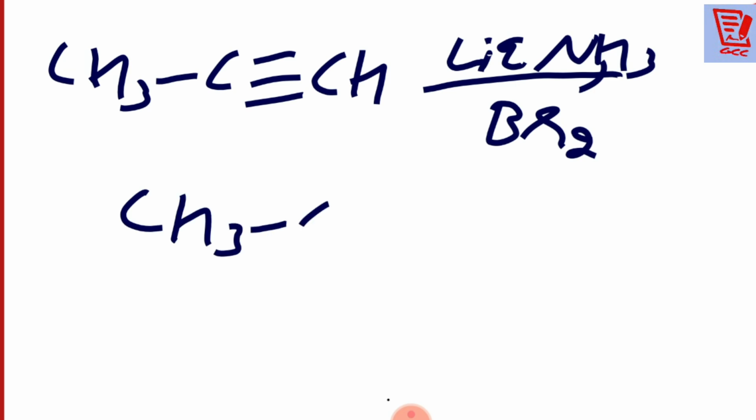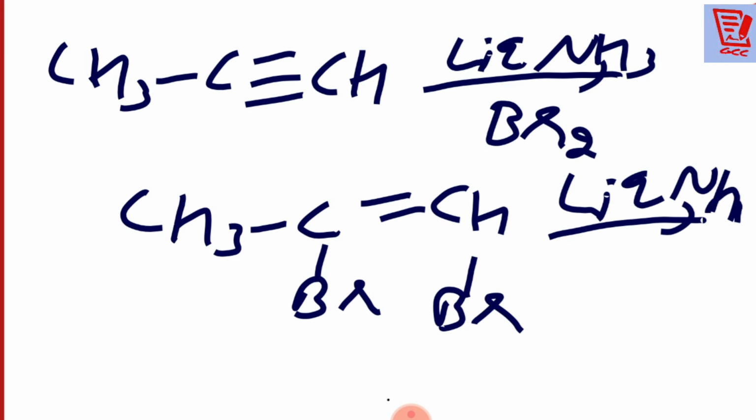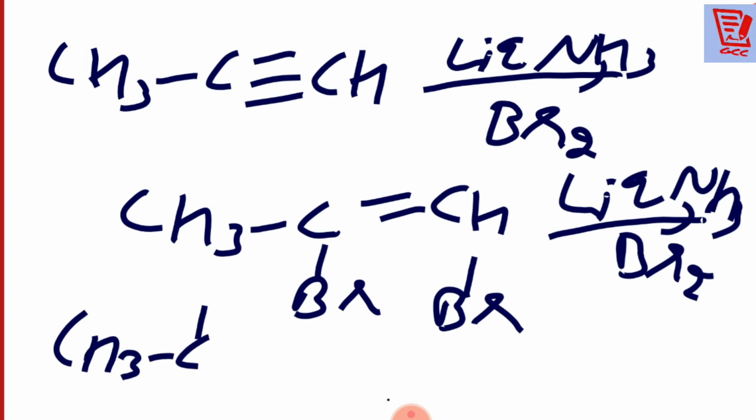CH3 CBr=CHBr. Again once more we can use liquid ammonia and Br2. What product will it become, beta? CH3 CBr, here it is Br, and again CH.